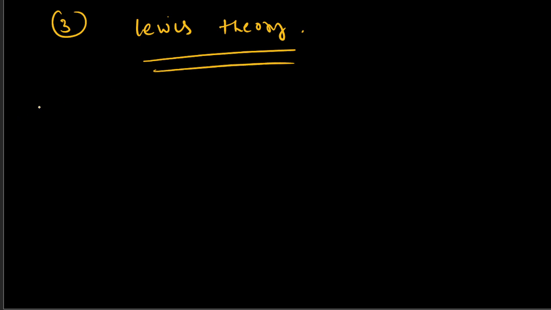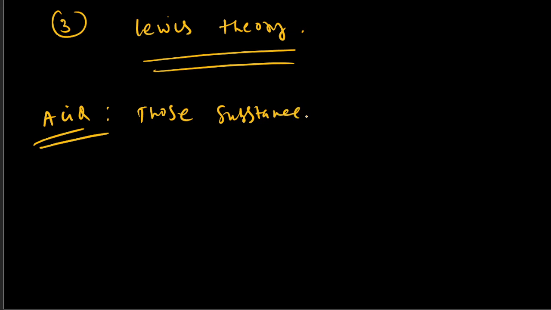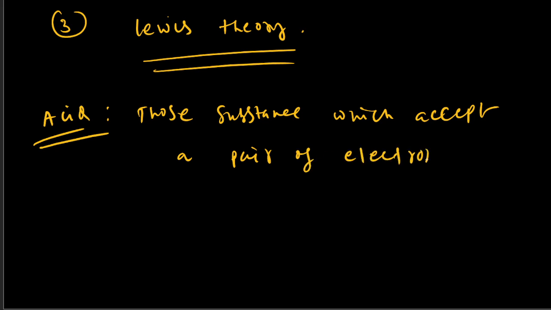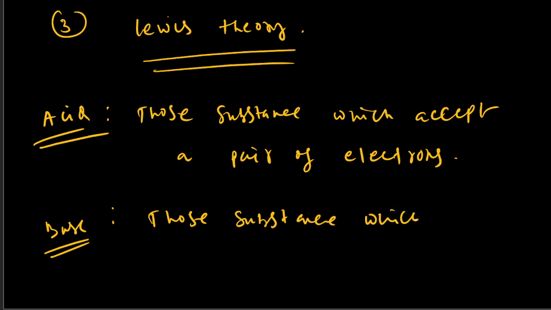So what Lewis theory says: for acid, those substances which accept a pair of electrons, and for base, those substances which are able to donate a pair of electrons.